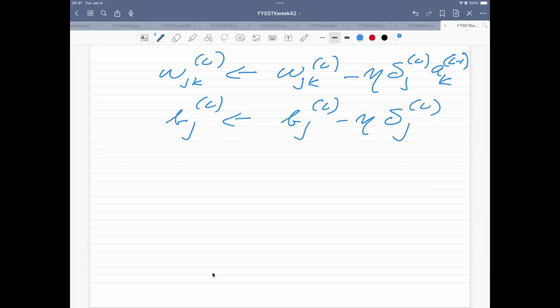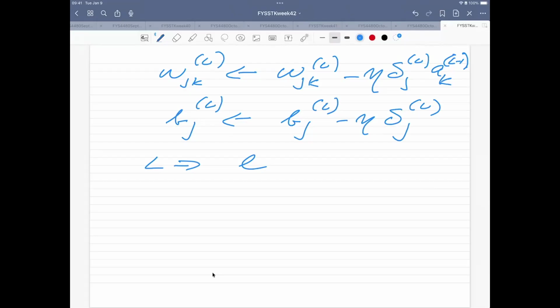Now, what we need next is actually these derivatives at an arbitrary or given hidden layer. So what we are going to do next is simply to let L go to a given layer L. And that will give us the general algorithm for updating the parameters. Okay?